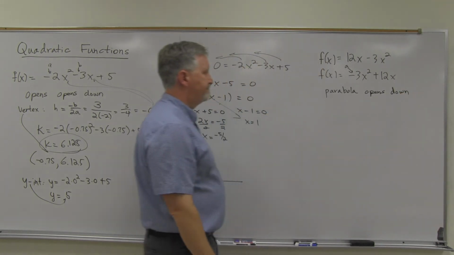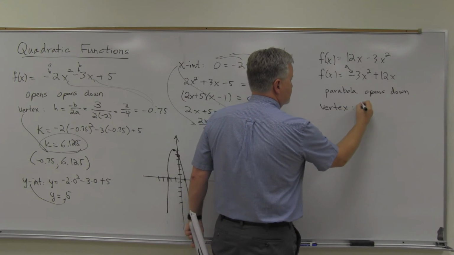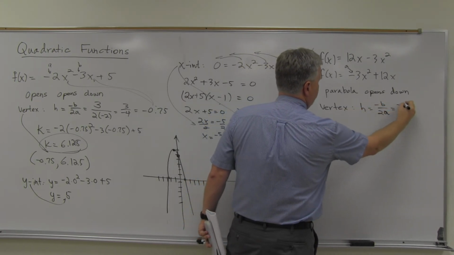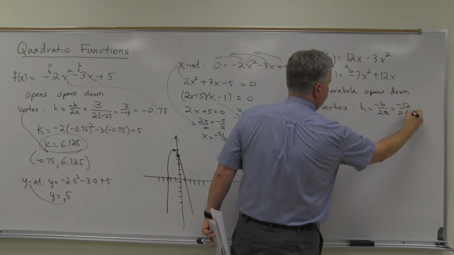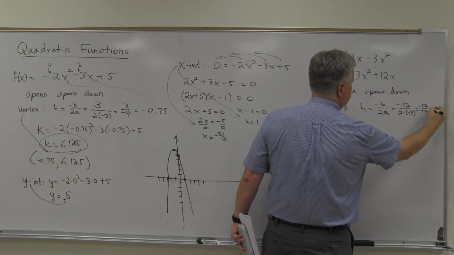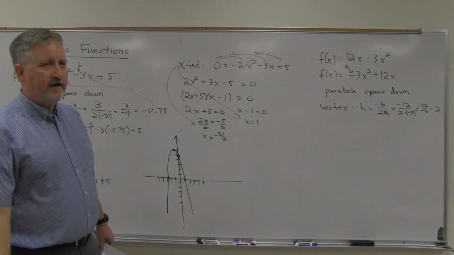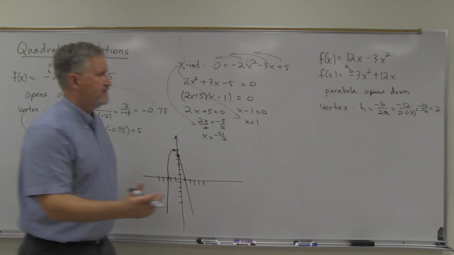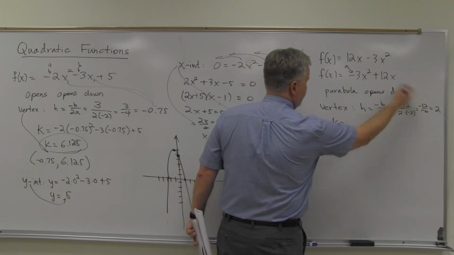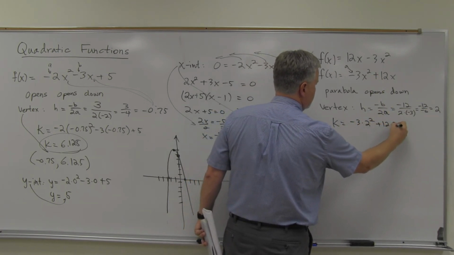All right, so let's get my vertex. h is negative b over 2a, so that would be negative 12 over 2 times negative 3, negative 12 over negative 6, which is positive 2. h is 2, believe that? k then, I'm just going to plug in x to be 2, so it'll be negative 3 times 2 squared plus 12 times 2.